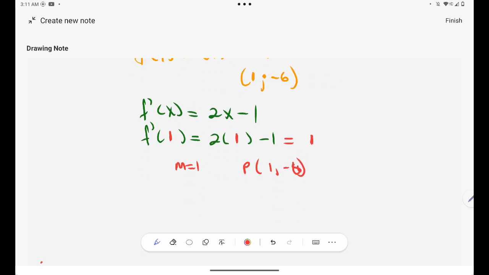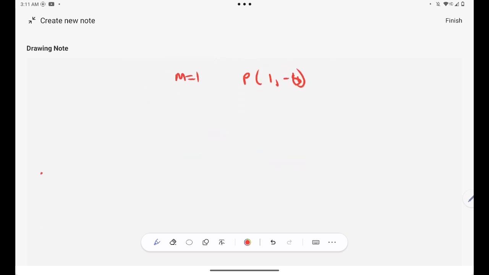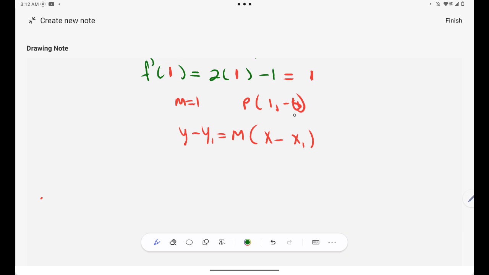Are we together? I'll therefore use my equation whereby y minus y1 is equal to m times (x minus x1). So whenever I see y1, I'll put this guy, x1, I'll put this guy. M is the gradient.